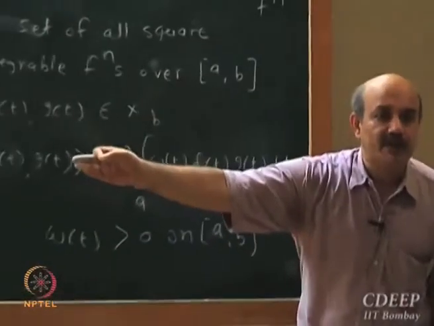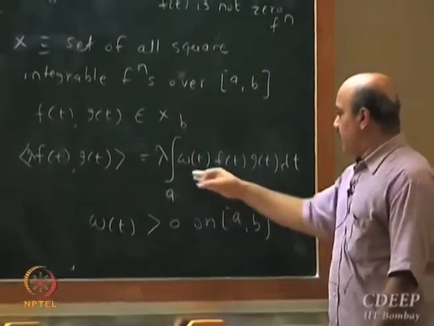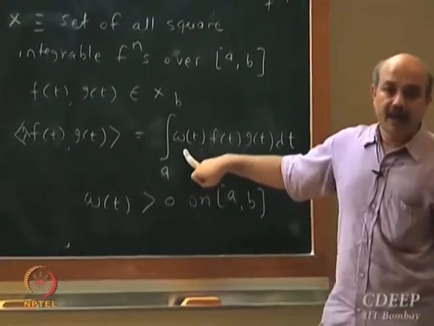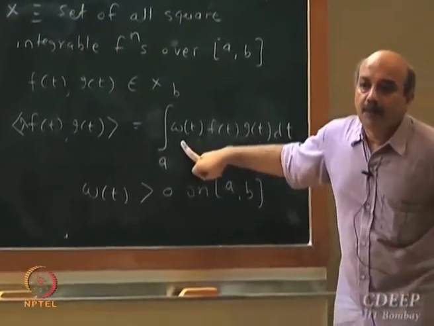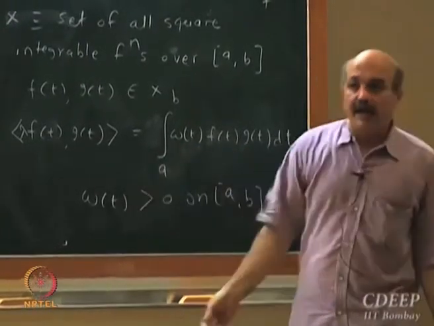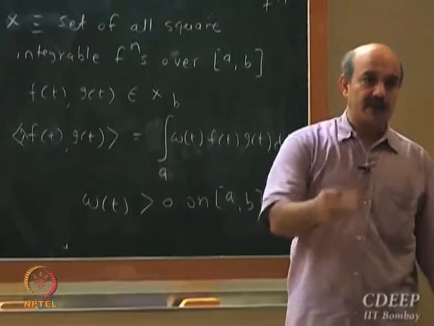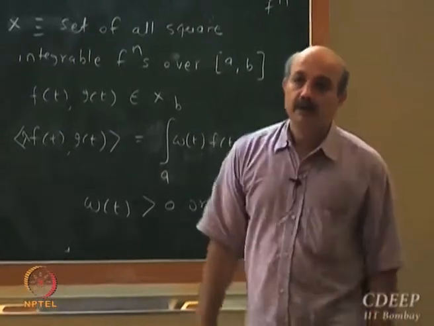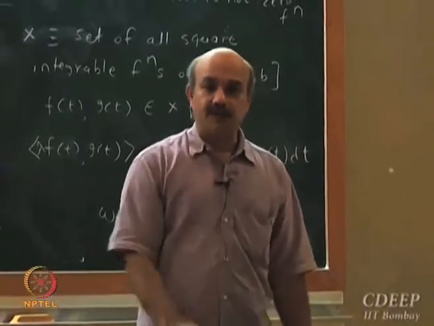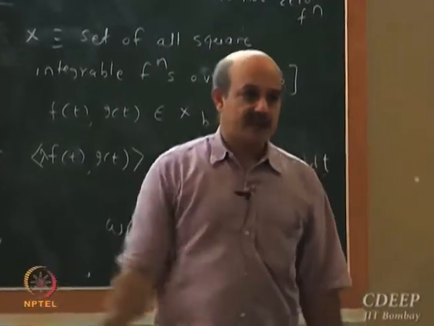Just like we could use a positive definite symmetric matrix there, if I modify my definition of inner product by multiplying by a positive weighting function, that also satisfies the inner product. And these kinds of weighting functions we are going to hit upon soon, when we come up with different ways of defining inner product on the set of continuous functions which are square integrable.